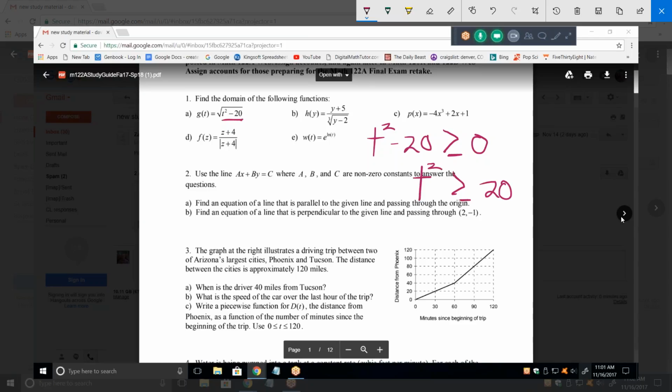What is the solution? How do you solve that? t squared is greater than or equal to 20. You just take the square root of both sides. So what do you get?